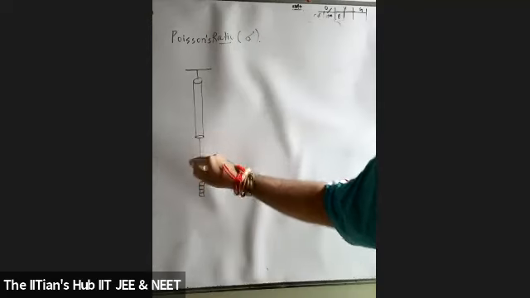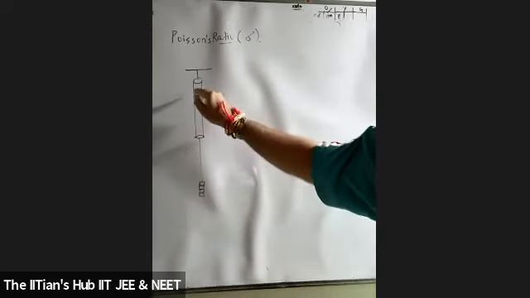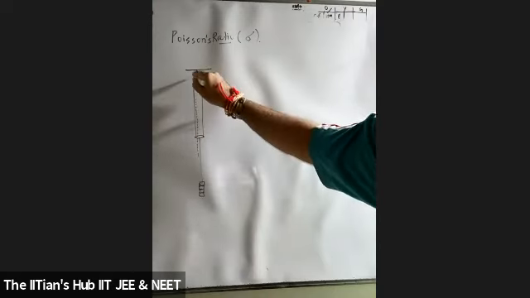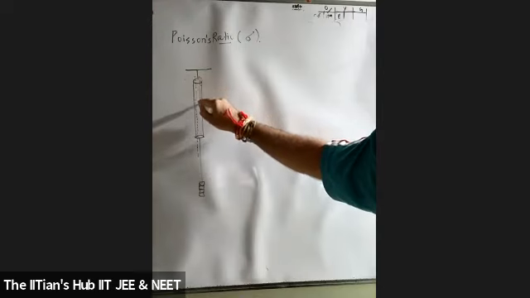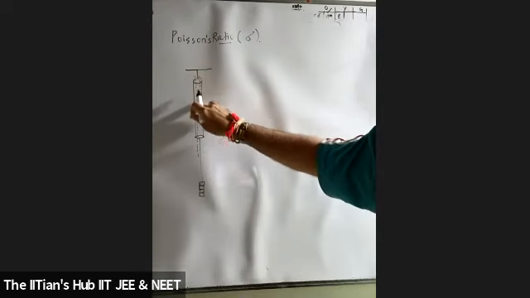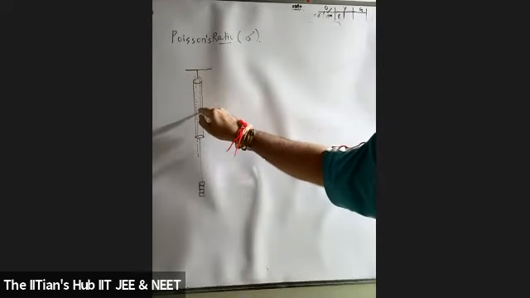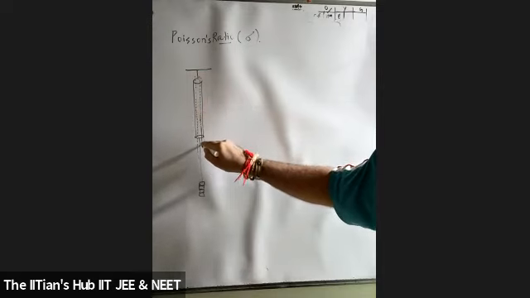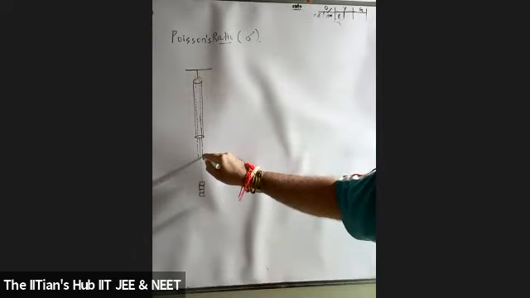The wire will undergo elongation. That means if the wire undergoes elongation, students, will there be any change in diameter? It can be possible, but when? When is this possible, students? This is possible only beyond elastic limit.